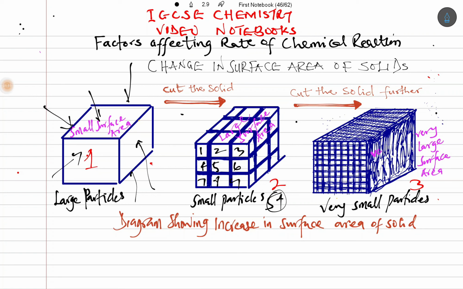And in solid 3, the particles have further been cut into smaller pieces. Solid 1 has small surface area in contact, while solid 2 has more surface area, larger than solid 1. Solid 3 has a very large surface area.